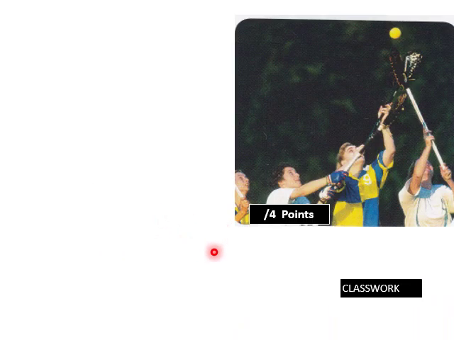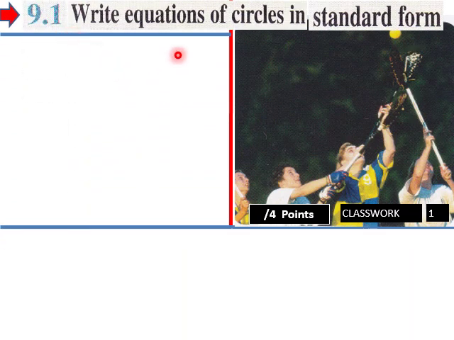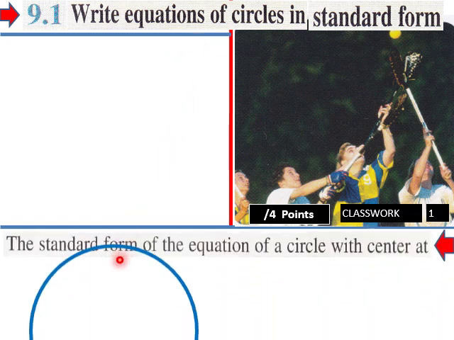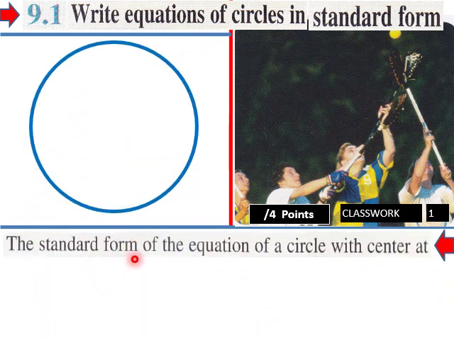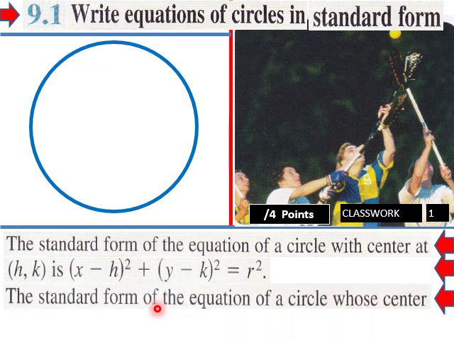Moving right along in today's review and summary of Chapter 9, we'll start with 9.1, write equations of circles in standard form. If you remember, the standard form of the equation of a circle with a center at (h, k) is the quantity x minus h squared plus the quantity y minus k squared equals r squared.